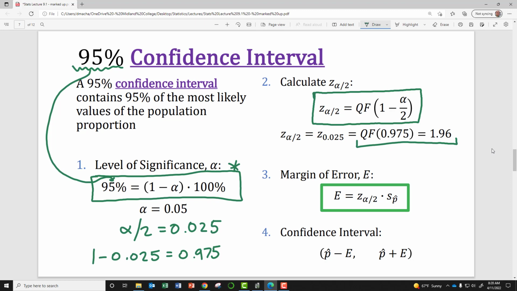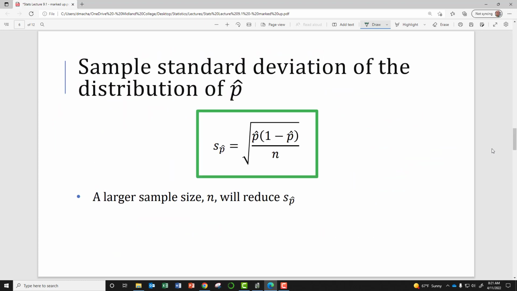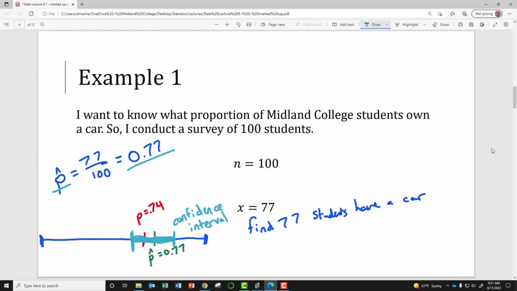Then we're going to calculate a margin of error, which means we set capital E to be our margin of error. This z subscript alpha over 2, that would be my 1.96 we just calculated. And then this s with subscript p hat, well, the s subscript p hat is, in fact, on the previous slide, right? It's this little formula here. So for our example, let's calculate s subscript p hat.